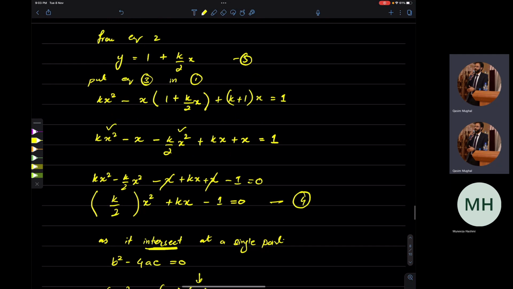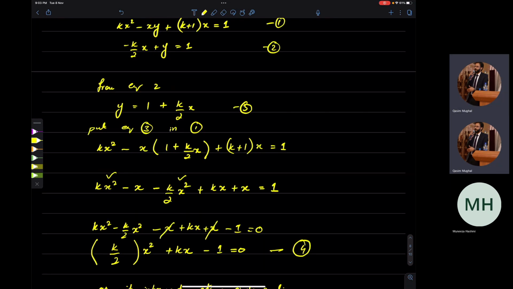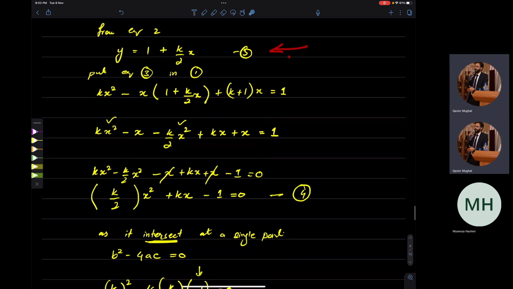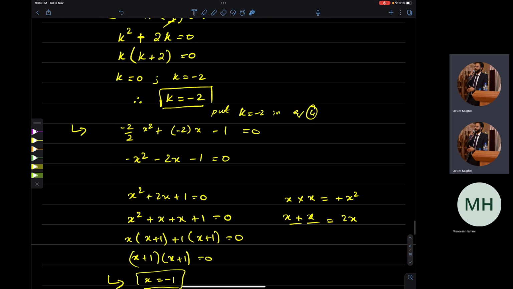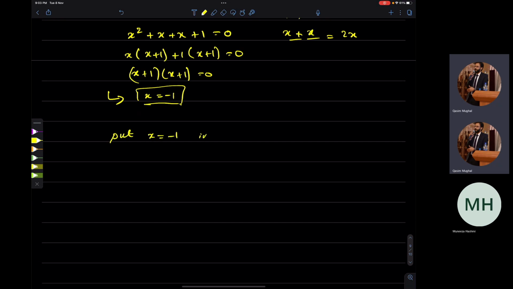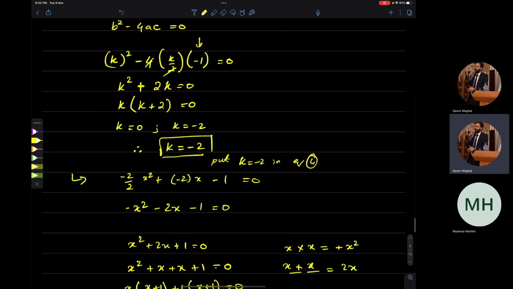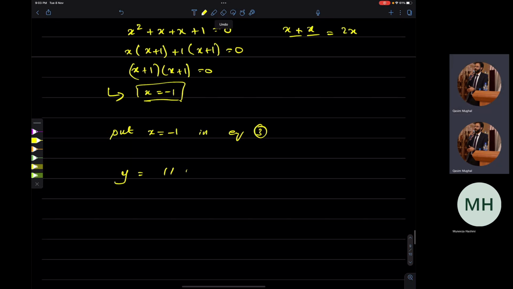So that's the value of x. We need to find out the value of y. For that, we can refer back to equation 3. So y equals 1 plus k over 2x. So I'm going to put x equals minus 1 in equation 3.